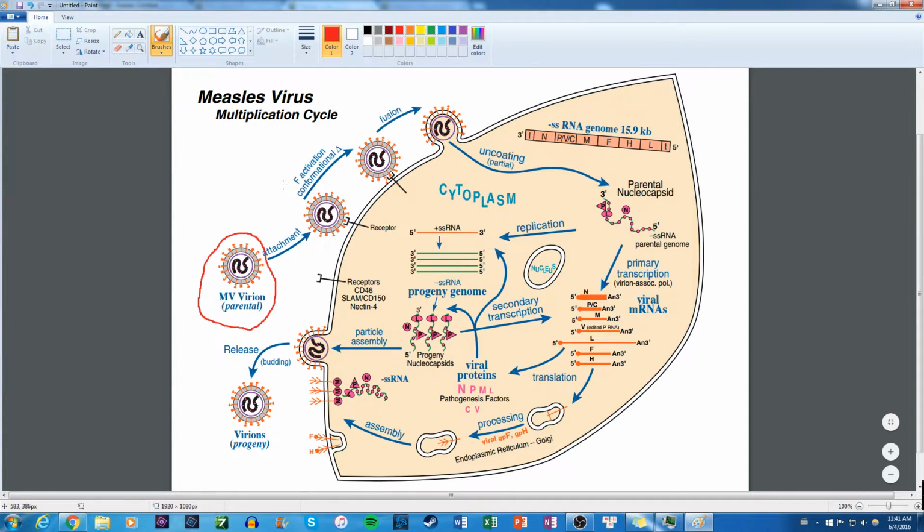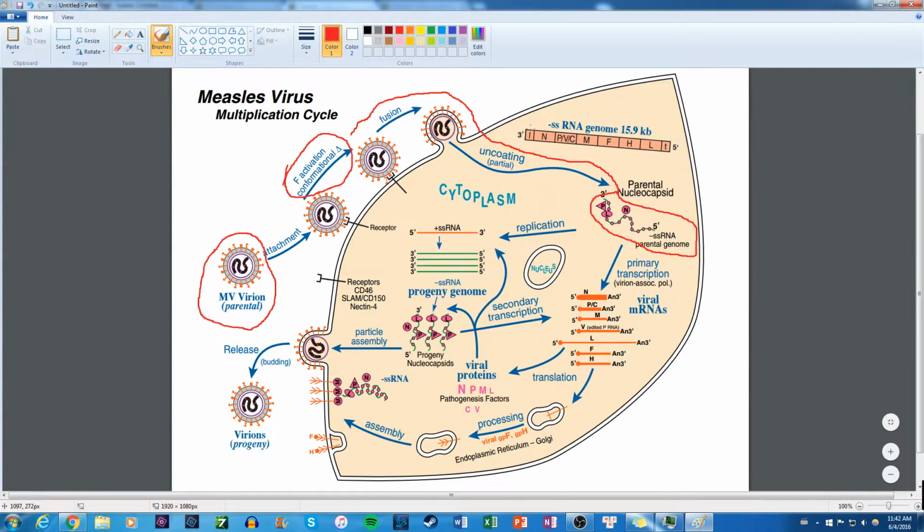And then you basically get attachment and fusion, right? Attach and penetrate, and then you uncoat.